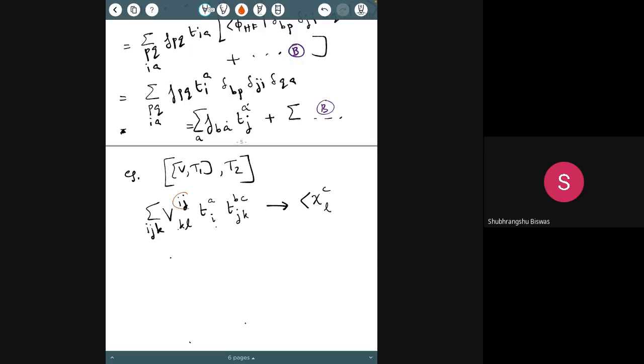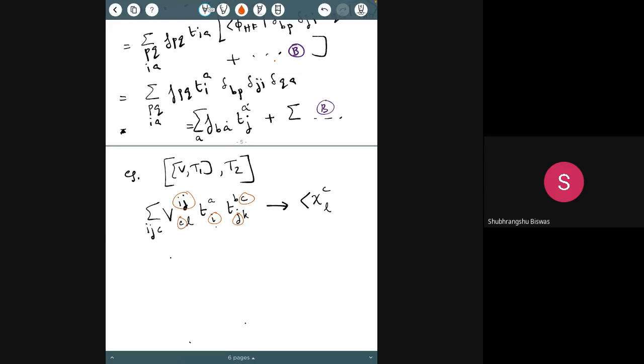The matrix multiplication is over IJ, and, this looks a bit bad, so let me write it as C, and then I can contract over C. I'm just writing this randomly, that is why I had to adjust a little bit.